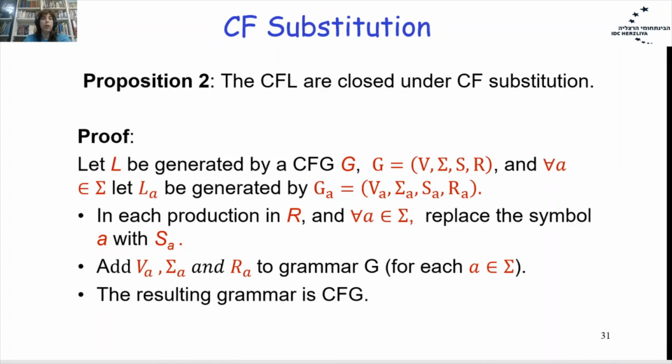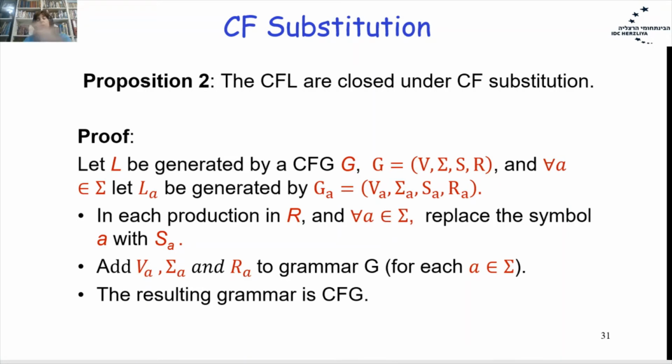Let's prove the proposition number 2. The context-free languages are closed under context-free substitution. The proof will be the following one. Let L be generated by context-free grammar G, and for each letter A of the alphabet, let LA be generated by some grammar GA.